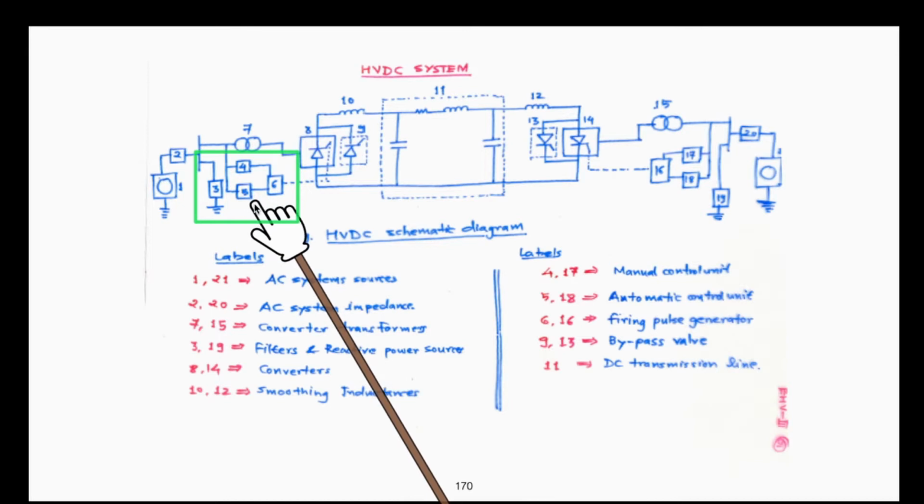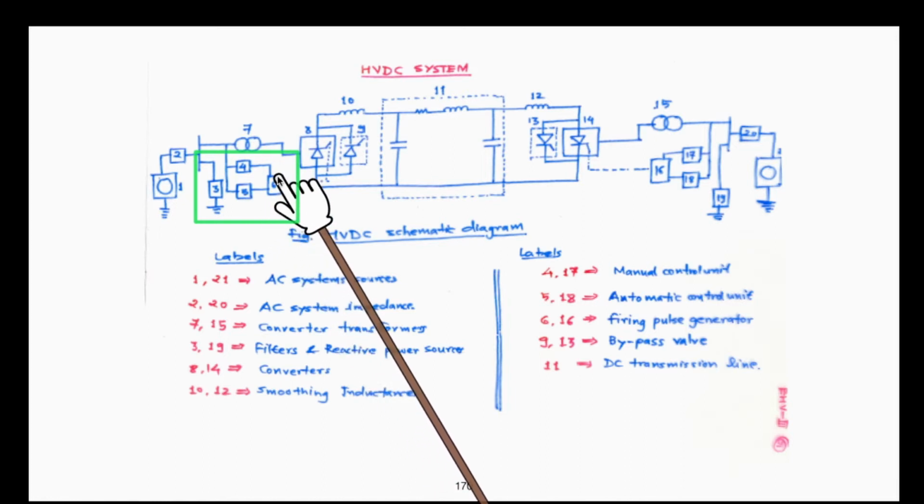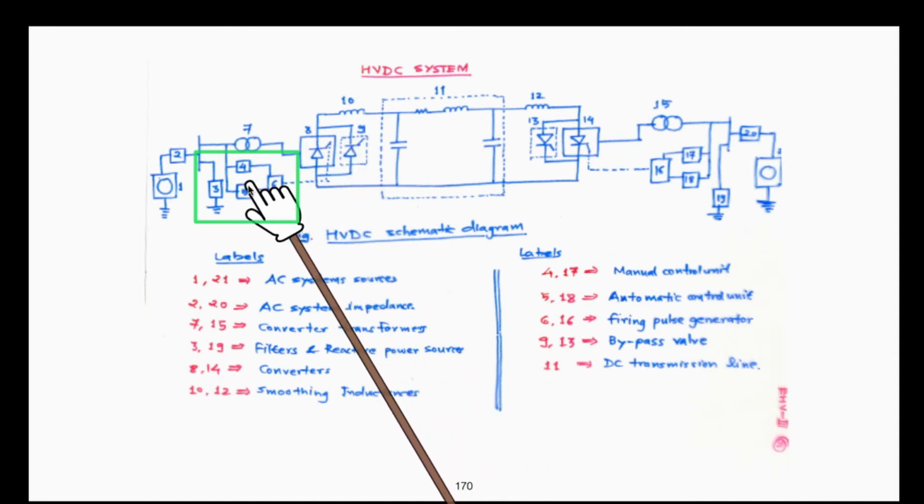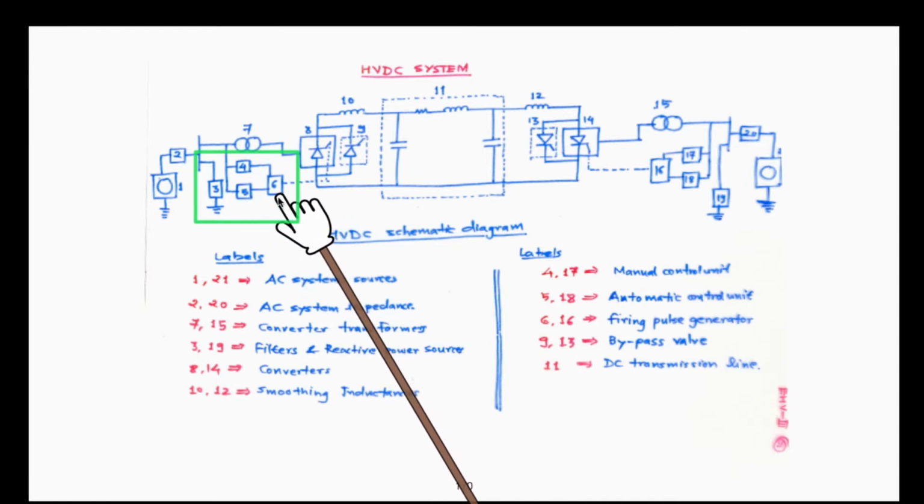Automatic control is where a microcontroller or a microprocessor will be generating the pulses considering several parameters like voltage, current, power flow requirements and stability. The controller is there in the form of a microcomputer, and it gives the command for the firing pulse generator to operate, which in turn provides sequential triggering of thyristors. So 4, 5, 6: manual control, automatic control and pulse generator circuit.